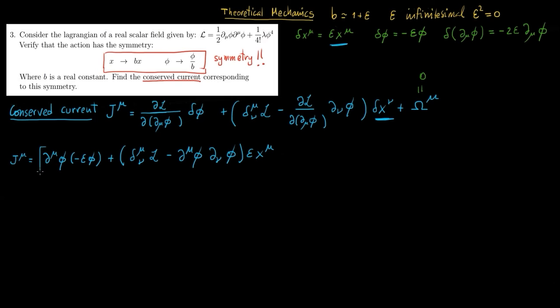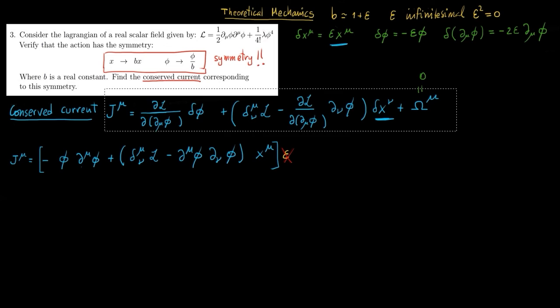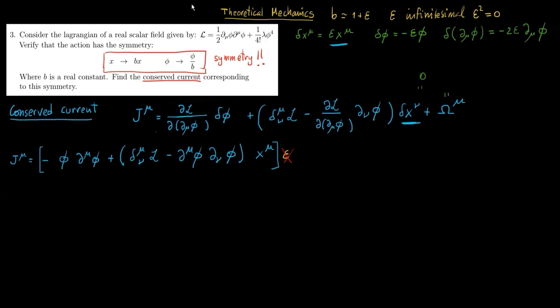Let's factor out epsilon and let's write this minus to the left and the field phi also. So remember, we can read off this epsilon because if something is constant, the product of two constants is also a constant. So to be more precise, we should define j mu as a constant times this expression. Namely, j mu is proportional to this expression.